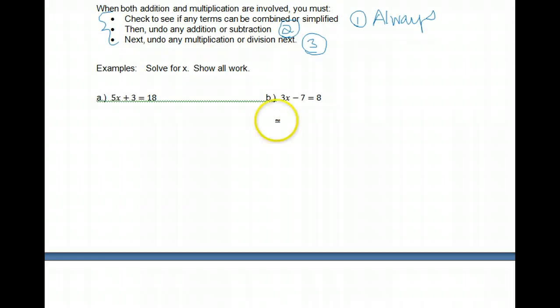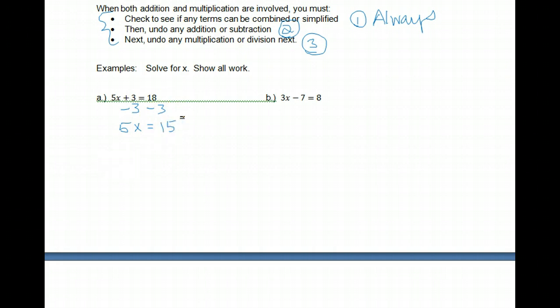So step 2 says to undo any addition or subtraction. We have addition of 3, so we have to undo that addition. The opposite of addition is subtraction, so we're going to subtract 3 from both sides. So now we have 5x equals 18 minus 3, which equals 15.